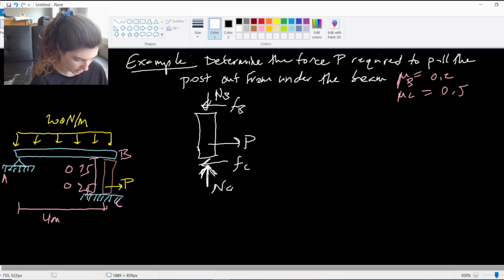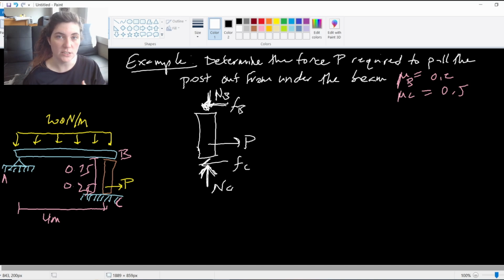Normal force at B, normal force at C. This would be our free body diagram for the post itself, not the beam, just breaking out one portion of this system to see these frictional forces.